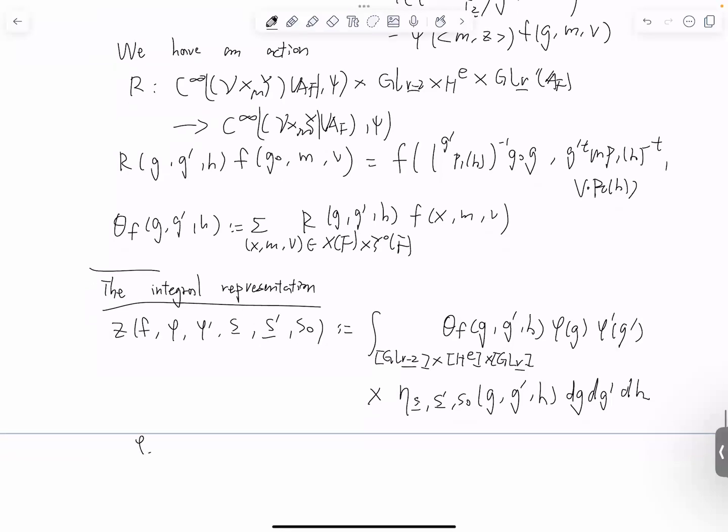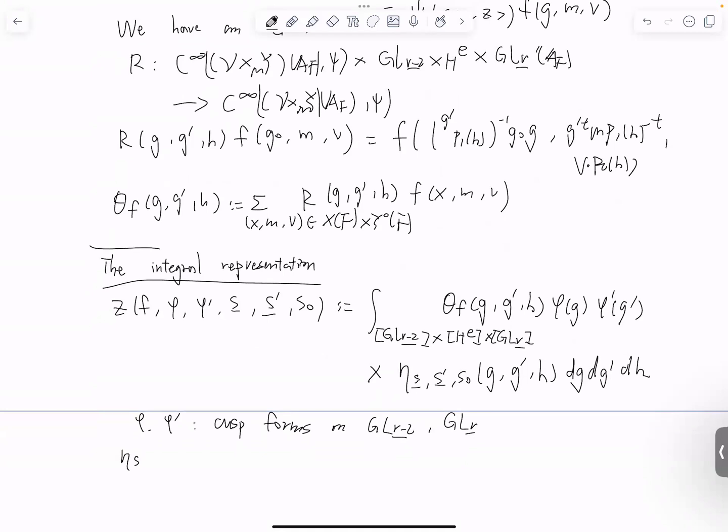where v and v prime are cusp forms on GR minus 2 underline and GR underline. And this eta s prime, s naught are some parameters, characters defined using the determinant of g, the determinant of g prime, and determinant of h, some normalizing factors.